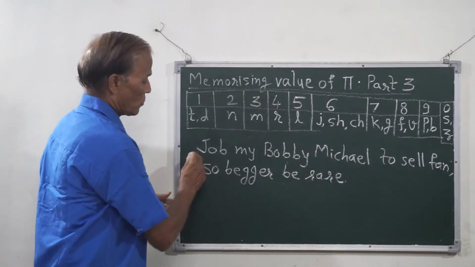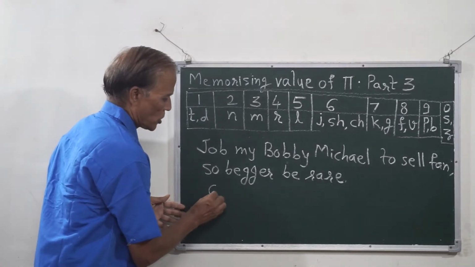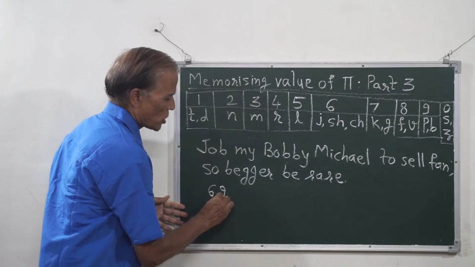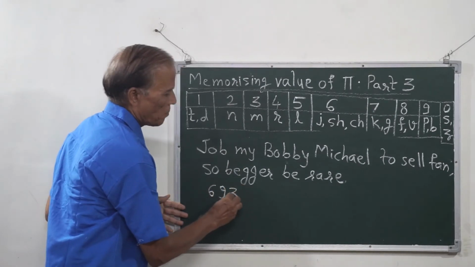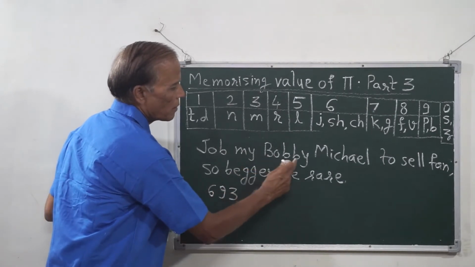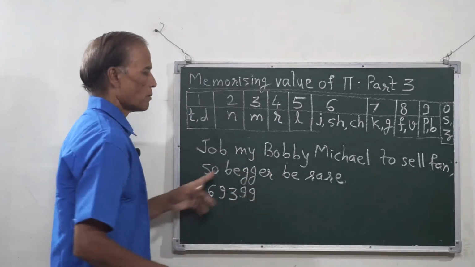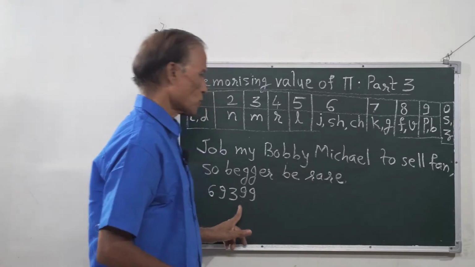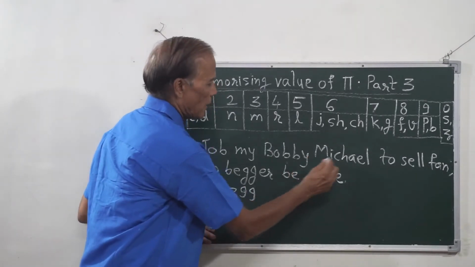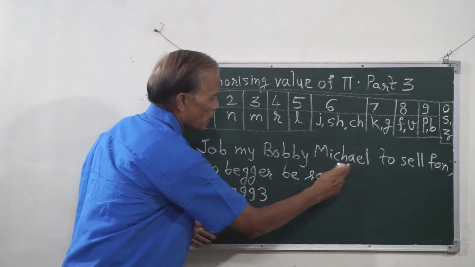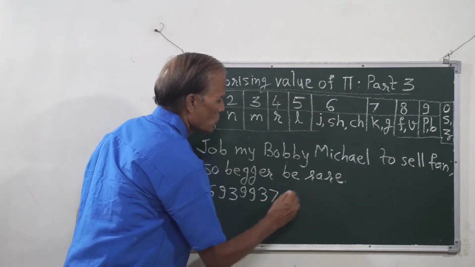Let us see now. J gives us 6, B gives us 9, my 3. Bobby, BB, two sounds, B comes two times, so we get 9. Michael, M gives us 3, K gives us 7 and L gives us 5.